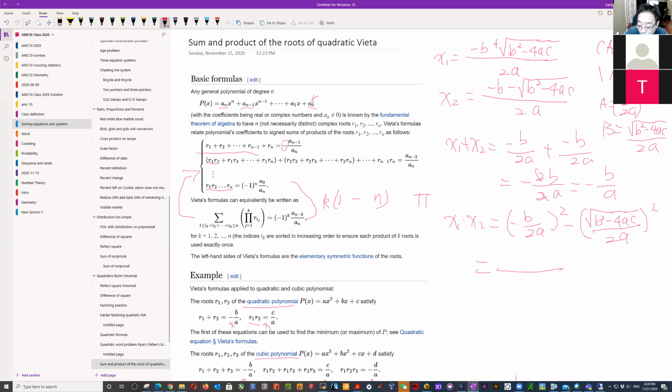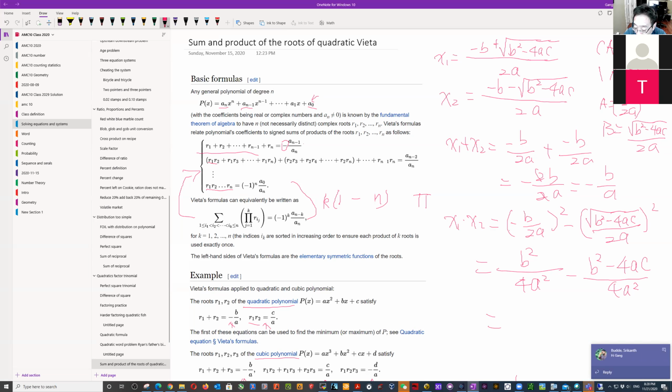This is going to be equal to b squared over 4a squared minus b squared minus 4ac over 4a squared. And here the b squared terms cancel.